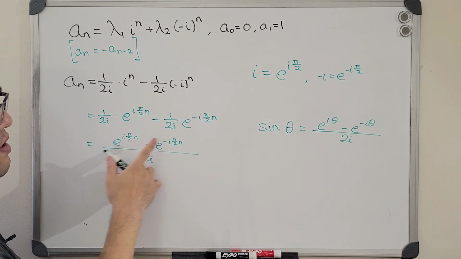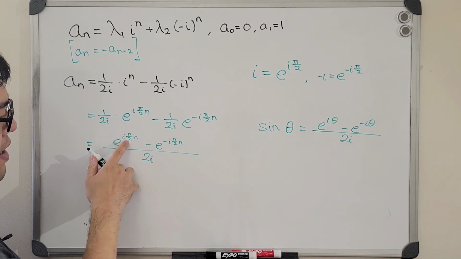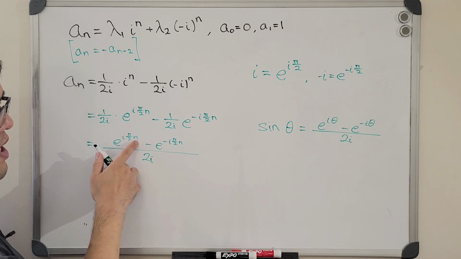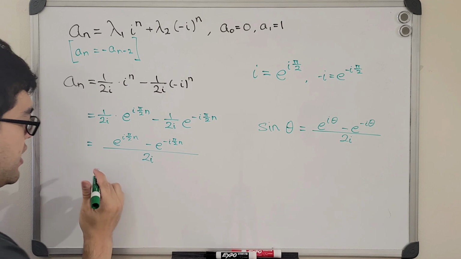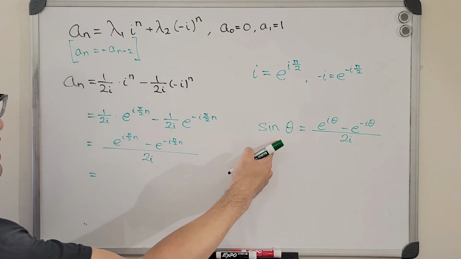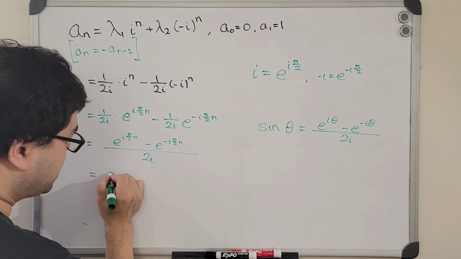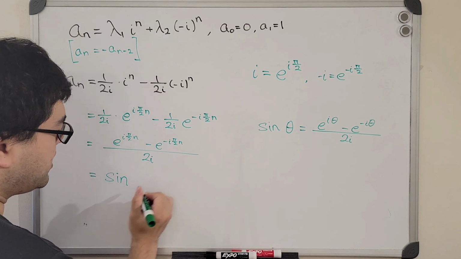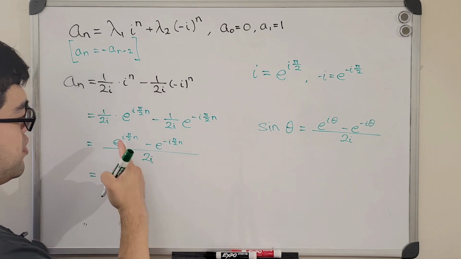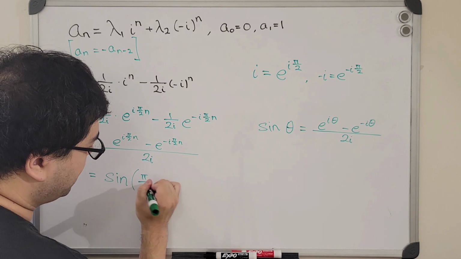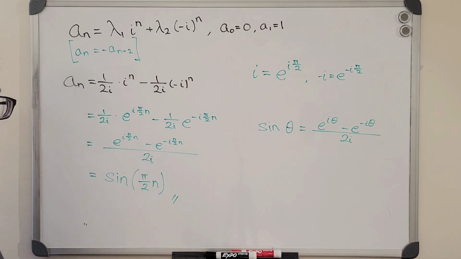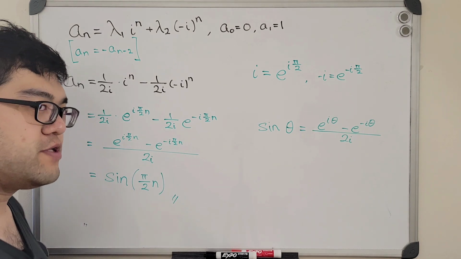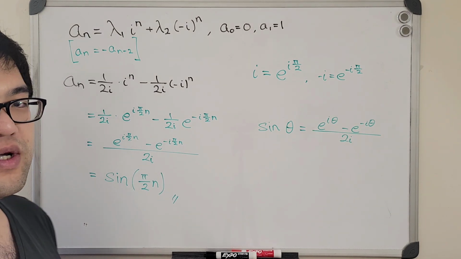Let's call that theta to be pi over 2 times n. Then for the second term, we also have that theta here. So we can use this identity to substitute in and get the result sine of theta, which is the angle, and in this case it will be pi over 2 times n. And this matches the initial results that we found at the beginning of the video.